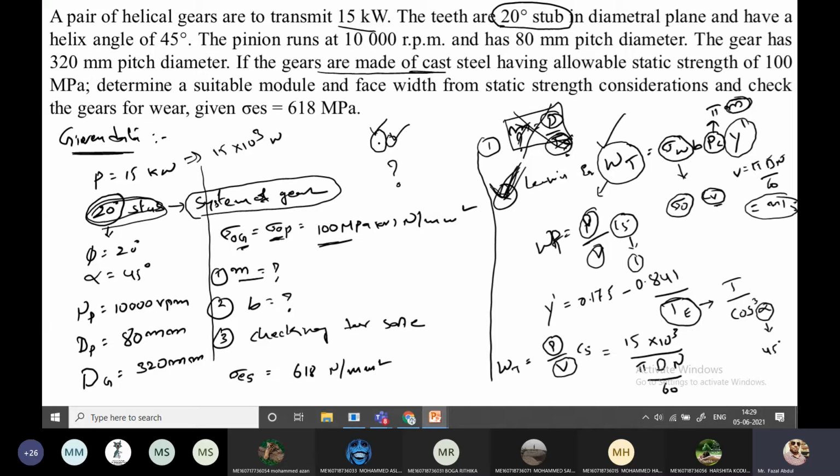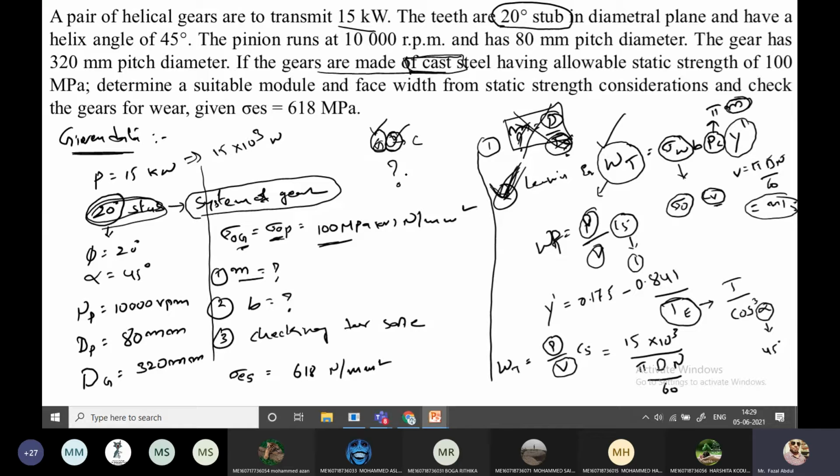See here, in this question there is no dissimilarity in material. Only a single material is used, cast iron, to produce this gear system. This gear is manufactured with cast iron, and this pinion is also manufactured with cast iron. So obviously the pinion is going to be the weakest portion. We have to apply the Lewis equation to whichever is the weakest one.